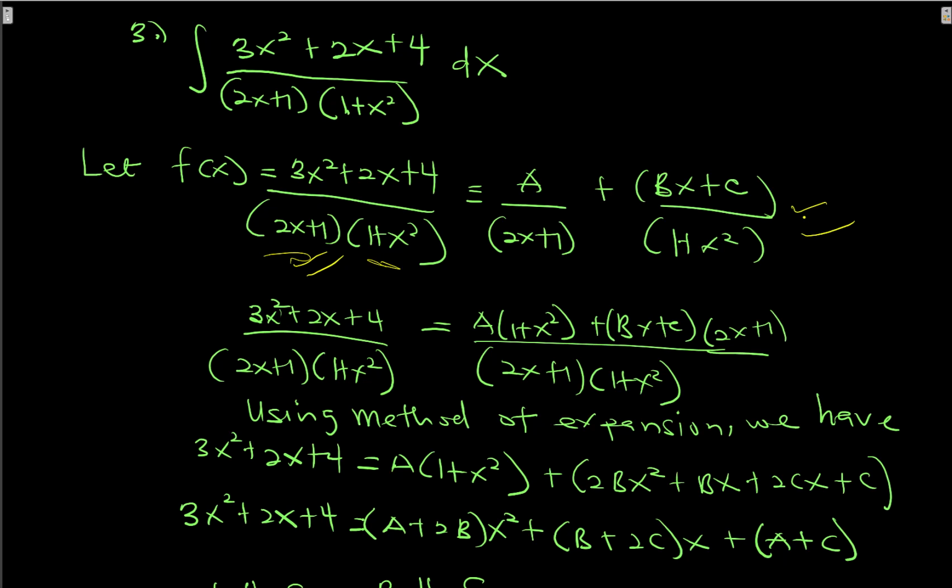First of all, we find the LCM. When we find the LCM and simplify, we get this. Then the denominator cancels out.